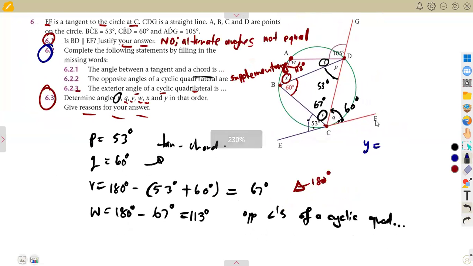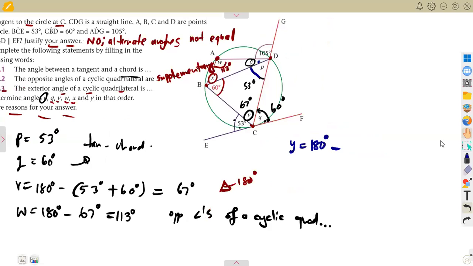So angle Y is 180 minus the angles on a straight line: there is 105 and also 53 degrees. If you open a bracket, you add these two; if you don't, you just subtract. We get 22 degrees, so angle Y is 22 degrees.